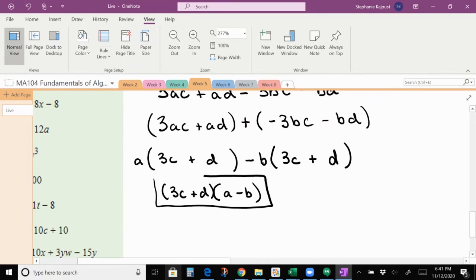We don't have a plus in between those. A lot of people are prone to do that, but when you factor, it's a series of multiplications. So your final answer will just be things inside parentheses multiplied together. No sign.